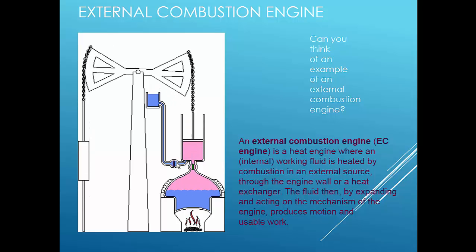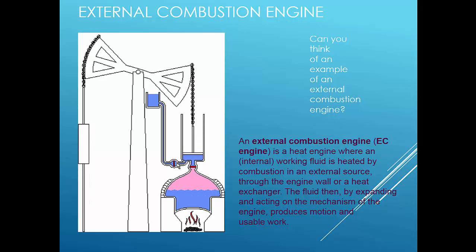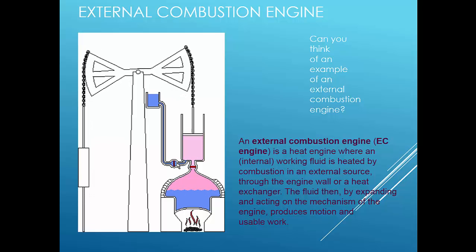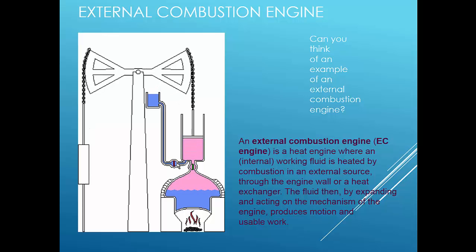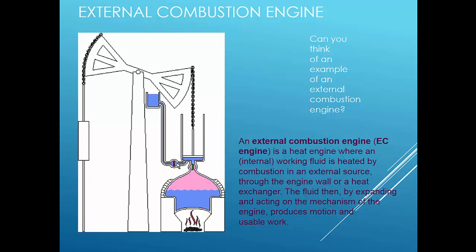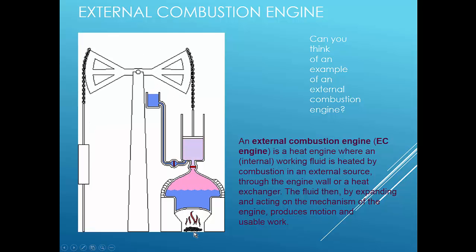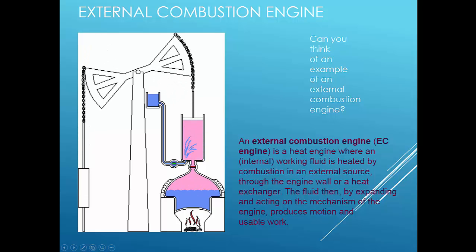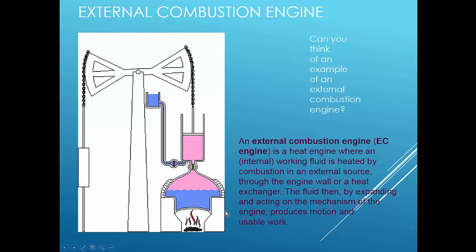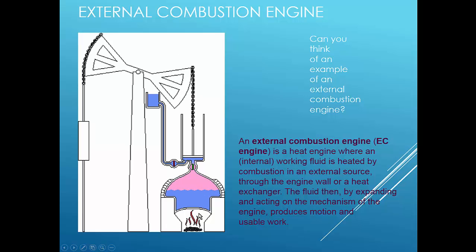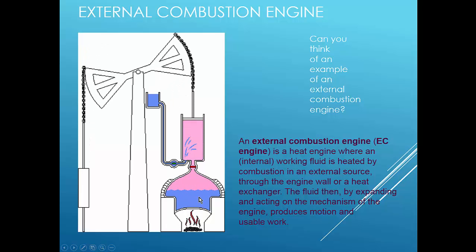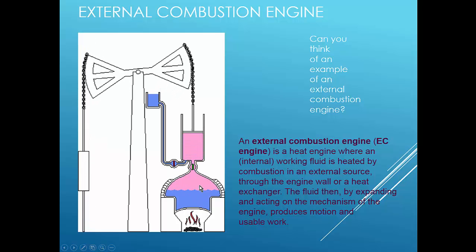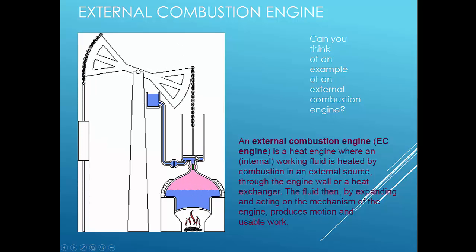A steam engine in old-fashioned trains and steamboats and steamships is the best example you can think of for external combustion. The fuel, whether coal or wood or oil, burns outside the engine, and then it heats the water up to create steam. And this steam creates motion inside the engine.